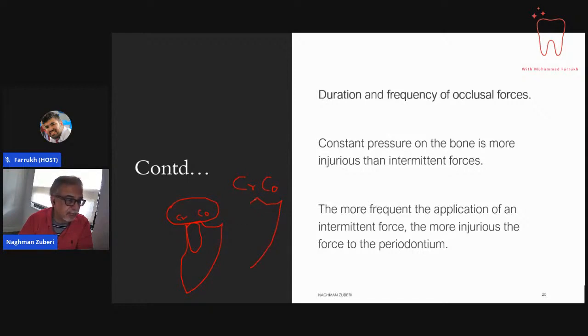This line is not going to be there. From here it will be extreme opening and closure and all that. This line will be missing in those people. Teeth come in contact for a very brief period of time. Even at rest, we have centric relation, not centric occlusion or maximum intercuspation. So the more frequent the application of an intermittent force, the more injurious the force to the periodontium.